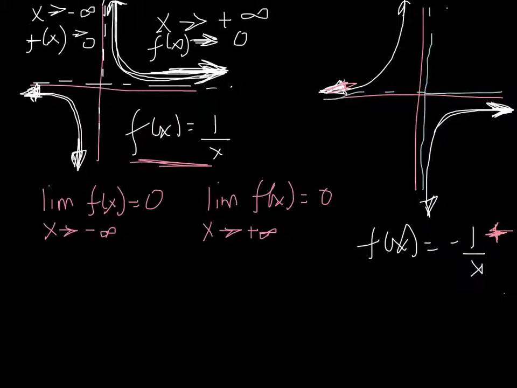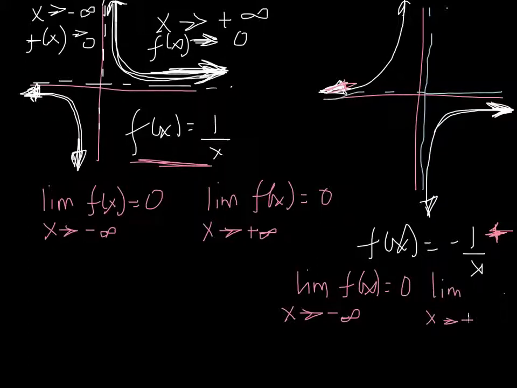Alright, limit as x gets smaller, f of x equals 0, and as the limit approaches positive infinity, f of x, again, approaches 0. Still ran out of room, but anyway, that's when you have a horizontal asymptote.